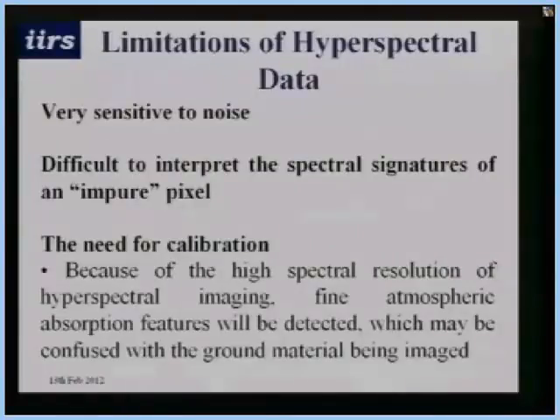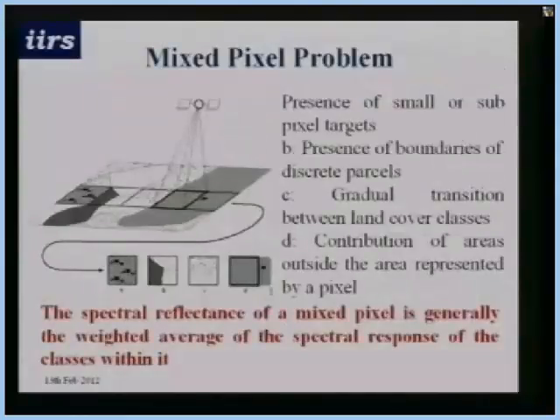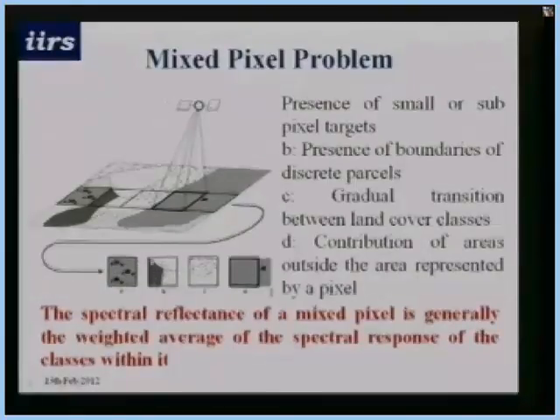So you need to calibrate to remove those zones caused by the absorption of the atmospheric particles, and remove those before going for further analysis. So this is an example of a mixed pixel, where the small area, the pixel, may have the presence of small or sub-pixel targets. So the spectral profile would be a combination of these two. The presence of boundaries of discrete parcels, you have two major land cover types and the boundaries.